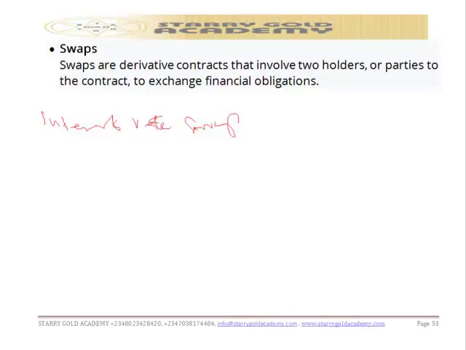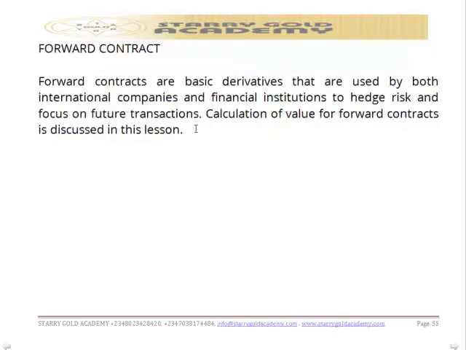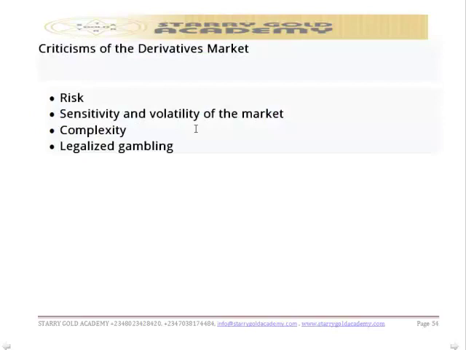Now, what is the criticism of these derivative markets? We are talking of criticism of this derivative market. The first one is the risk. The market is very volatile.